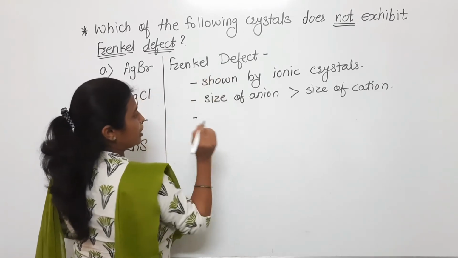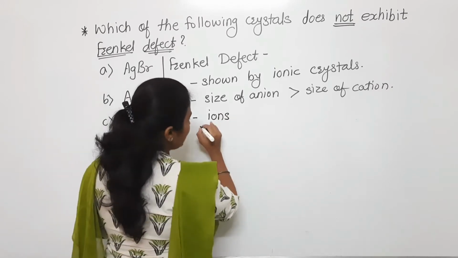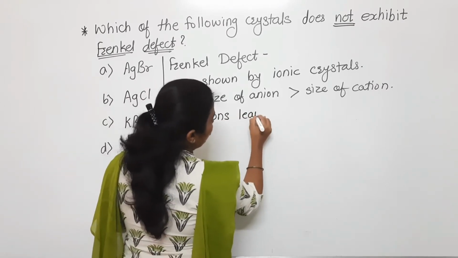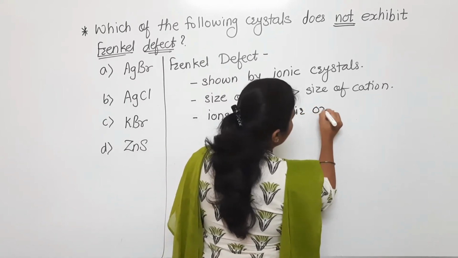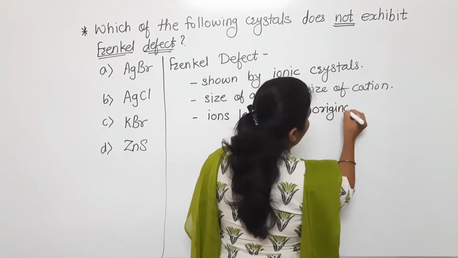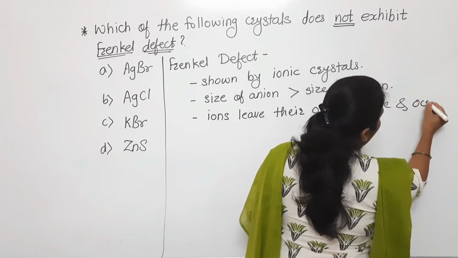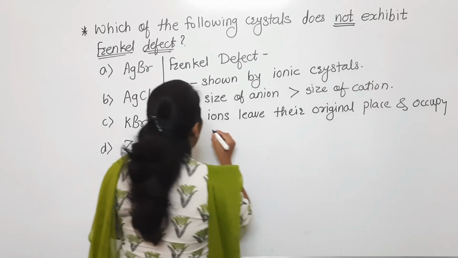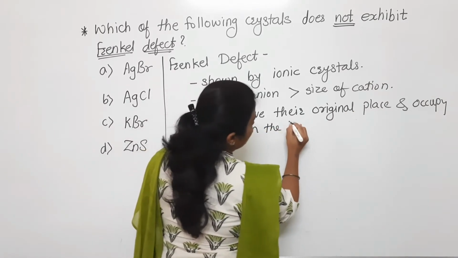Next, in the Frenkel defect, ions, either cation or anion, leave their original place and occupy, or we can say fit in, the interstitial site.